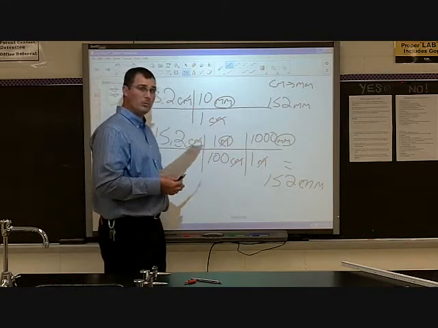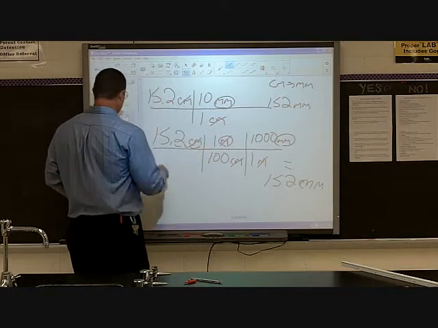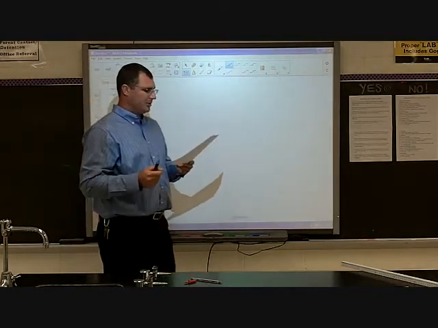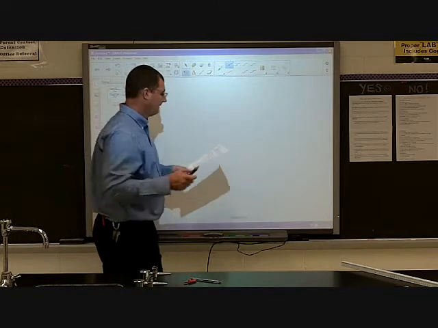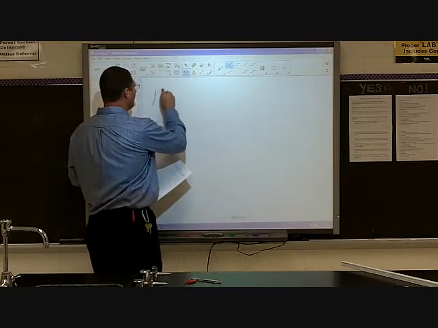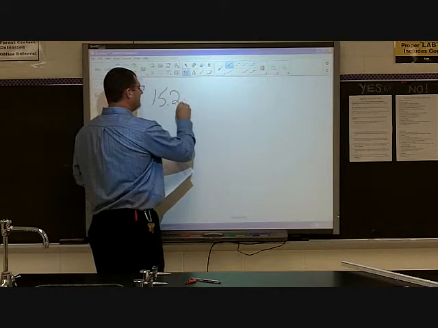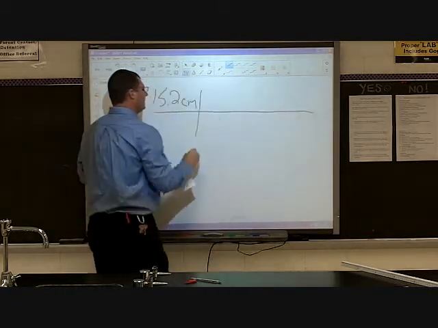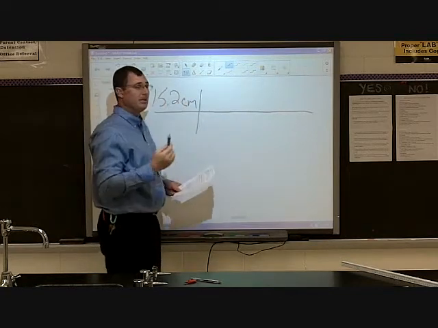I'm going to go ahead and do one more of those because I know that can be kind of tricky. So I'm going to do the centimeters to decimeter conversion now. Again, I always start with what I know. And I know I have 15.2 centimeters. So, centimeters to meters.